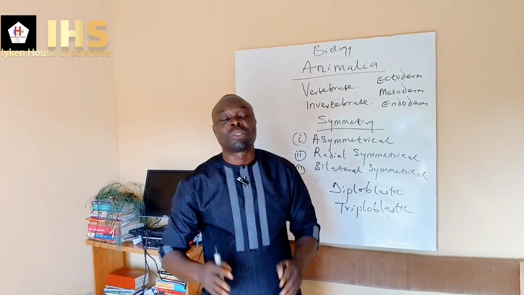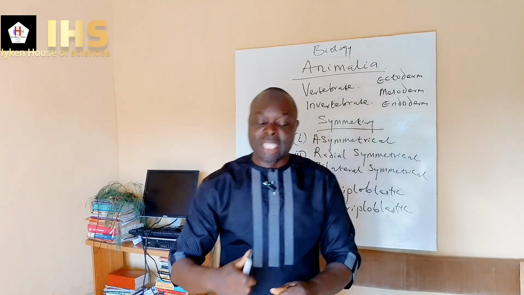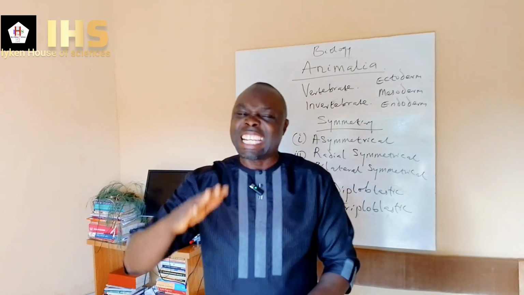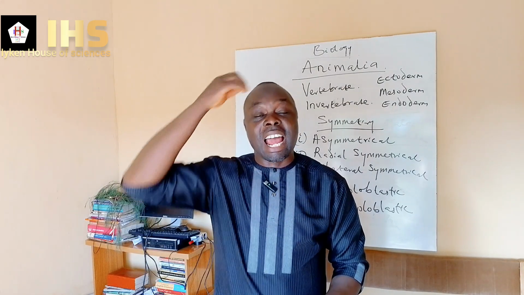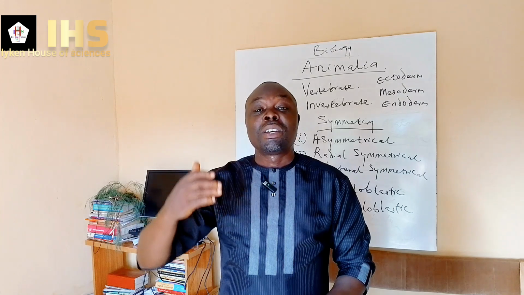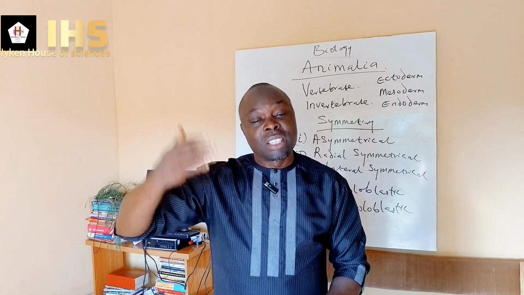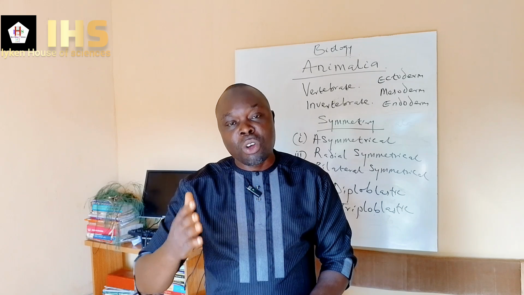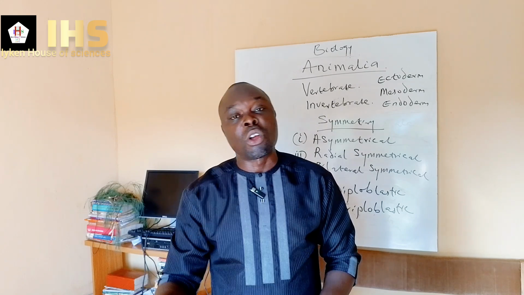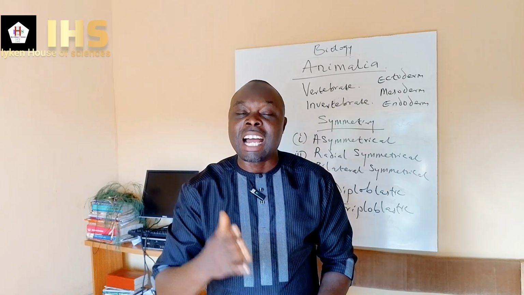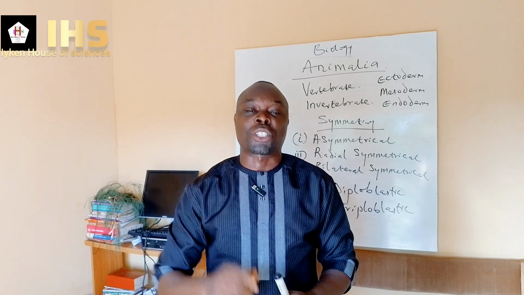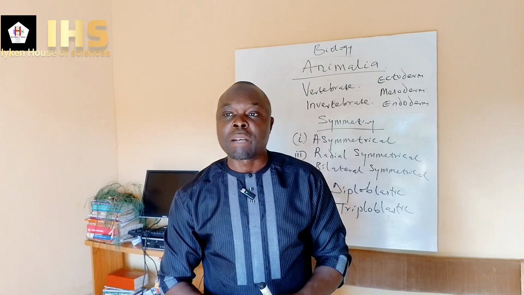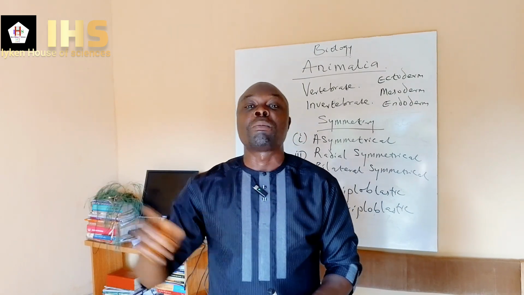So what have we learned today? What we have learned today is that Animalia has its own classification. One, animals can be classified based on whether they have backbone or not. Those having backbone are called vertebrate animals. Those without backbone are invertebrate animals.